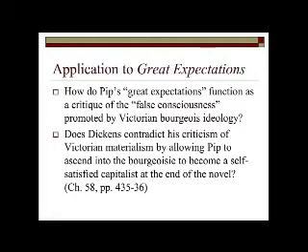And Pip gets rid of the rest of the money, refuses to take it, and instead tries to help Magwitch to escape from England, as a demonstration of his newfound humanitarian values and his rejection of Victorian materialism. So he recovers from the corrupting nature of the false consciousness of Victorian bourgeois values by the end of the novel to some degree. But here's where we get to the last point that you see on the screen.